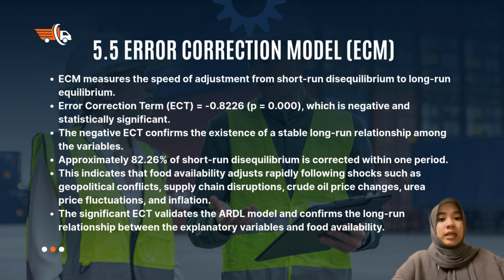This means that food availability adjusts relatively quickly after shocks, such as geopolitical conflict, supply chain disruptions, changes in crude oil prices, urea prices, and inflation. Overall, the significant ECT confirms the validity of the estimated ARDL model and supports the existence of a stable long-run relationship between the selected variables and food availability in Malaysia.